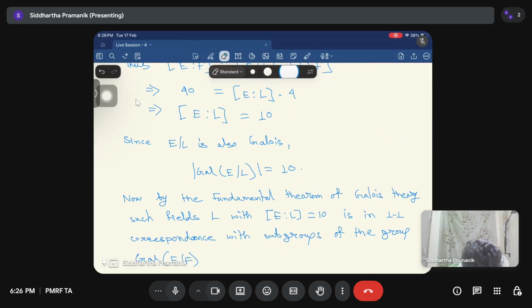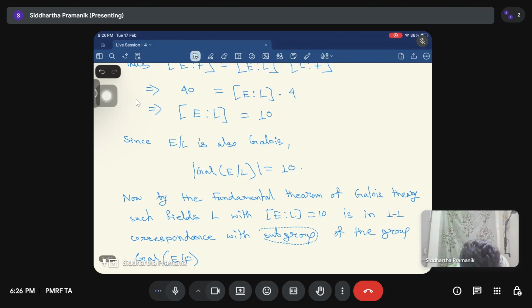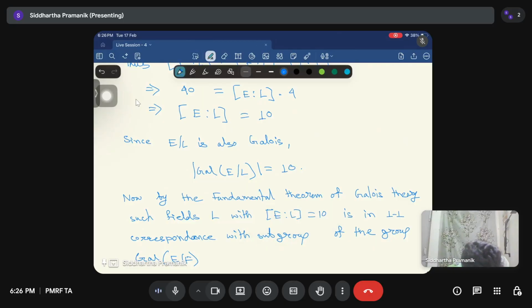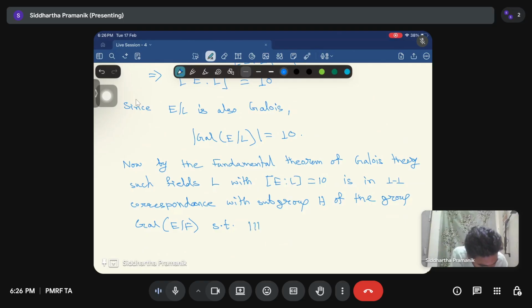I should put a name for this. A subgroup H of the Galois group is such that the cardinality of H is 10.